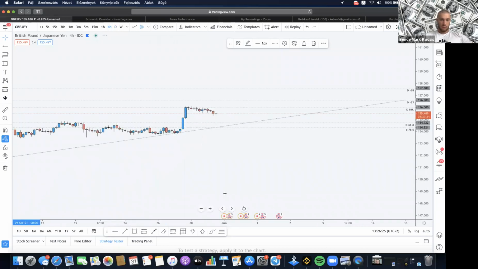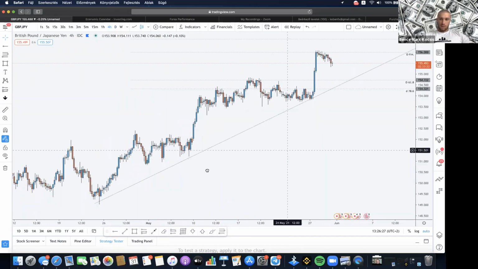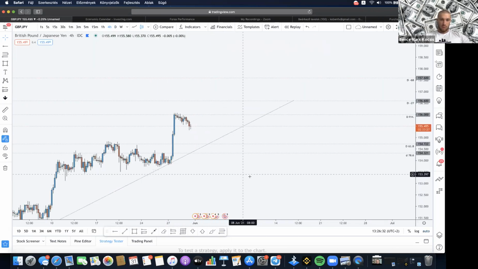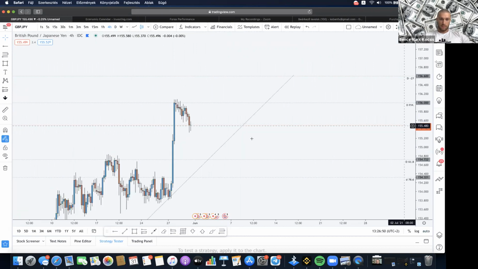Let's have a look at the 4 hour. In the 4 hour, you can see it looks like the price started making the pullback, but the last 4 hour candles were still really bullish. After that you can see the price made some pullback, then continued to the upside and is pushing to the downside again.